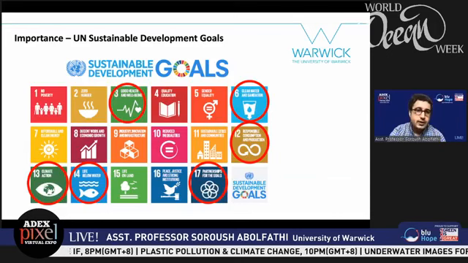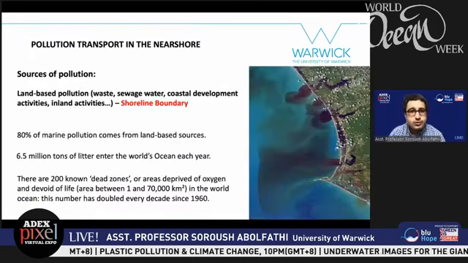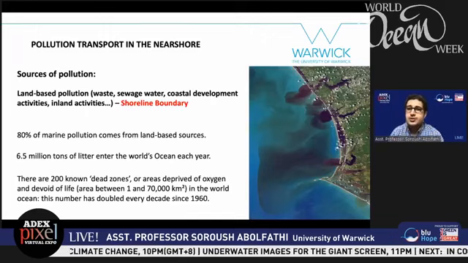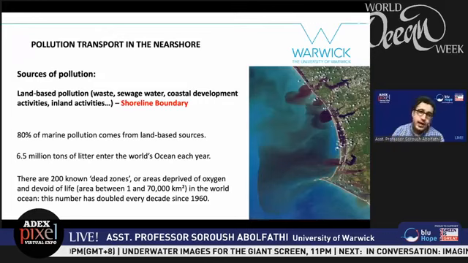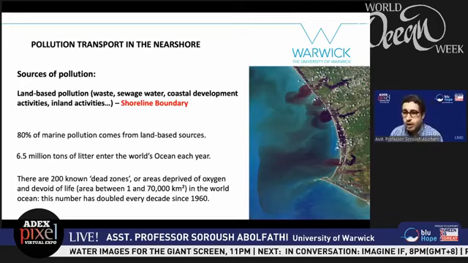The next thing, so when we want to start understanding the pollution in marine environment, the first thing that we need to do is ask what are the sources of this pollution? Where does the pollution come from? So 80% of marine pollution comes from inland boundary conditions.